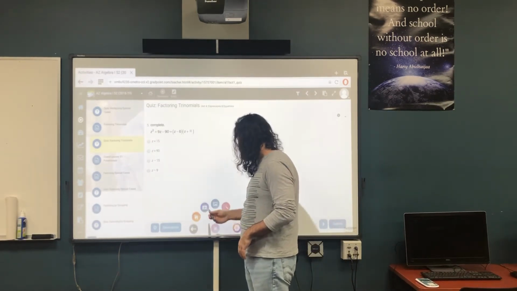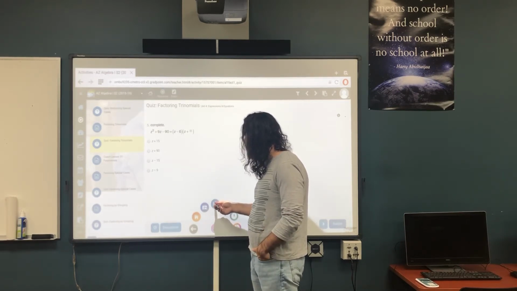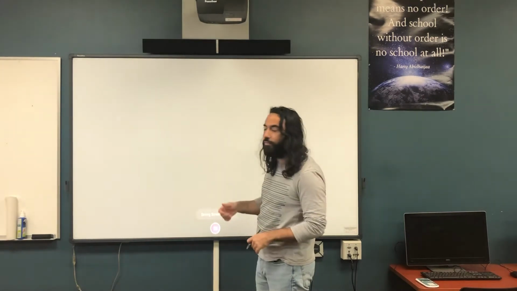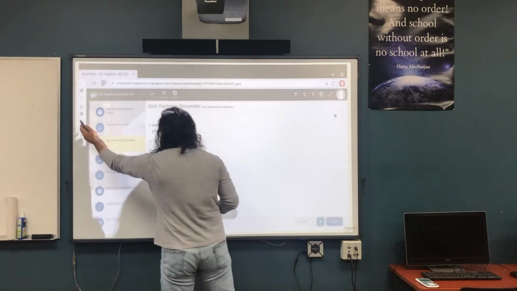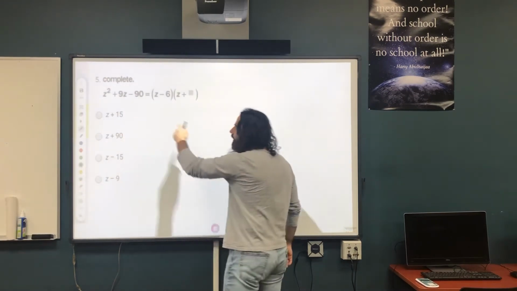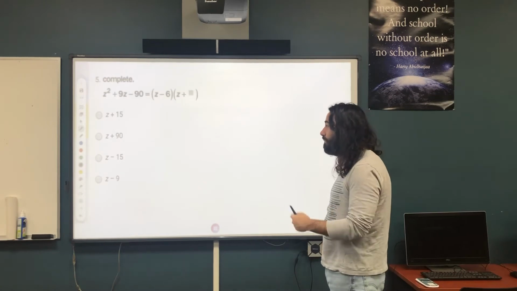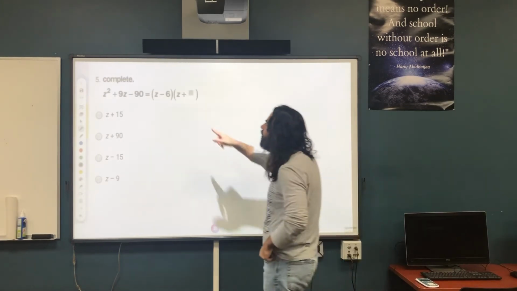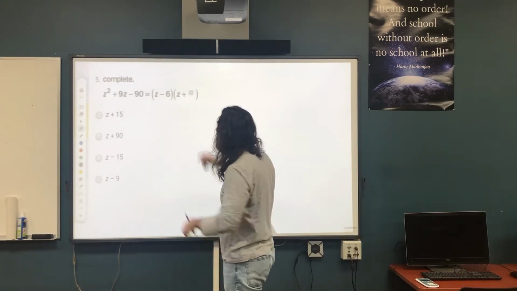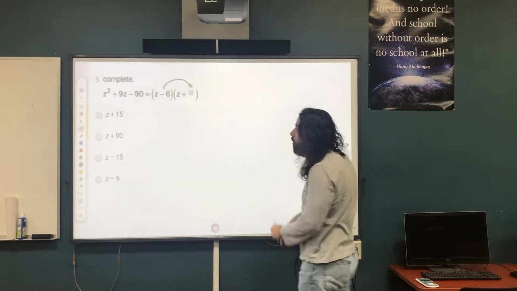Now this one, he gave you the parentheses, so this makes it easier. We just need to fill in the missing number. So we have z squared minus 9z minus 90 equals z minus 6 times z plus something. So if we multiply the numbers, negative 6 times something, that's only the numbers.